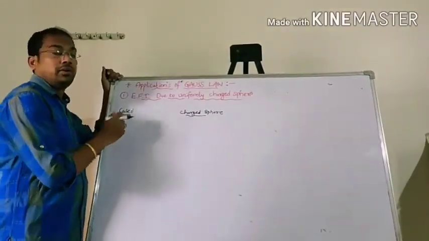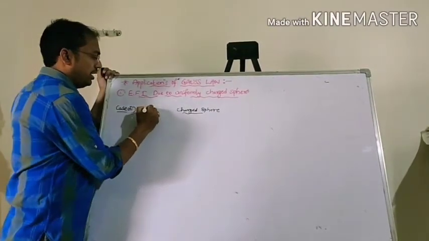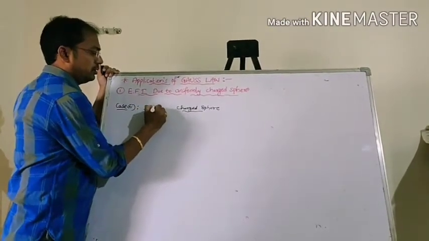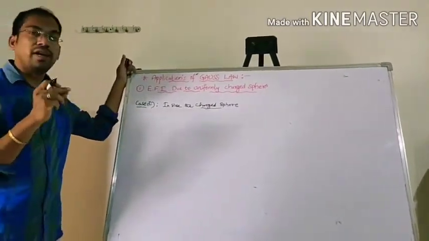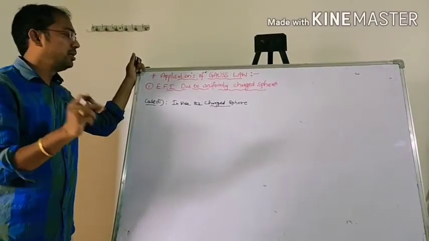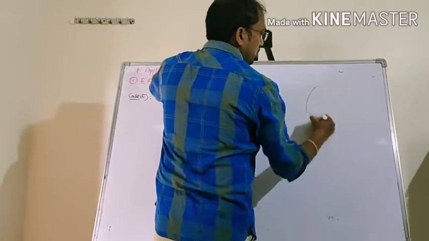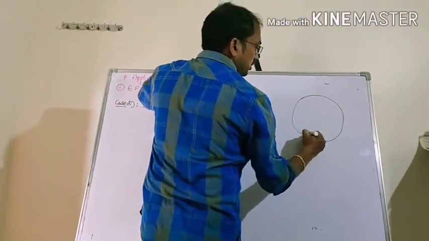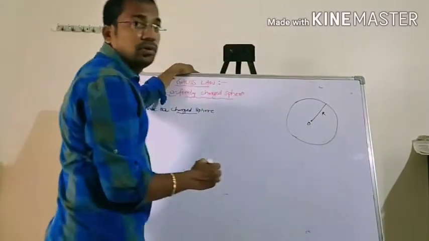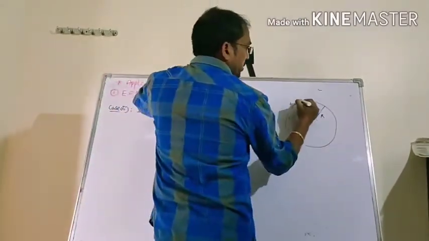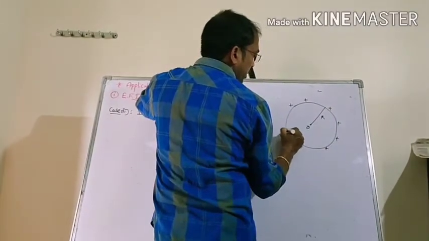Now case 3. What is case 3? Inside the charged sphere. In case 3 we have to find the electric field intensity inside the charged sphere. See the diagram. This is a sphere of center O and radius capital R. This is a uniformly charged sphere, so I am writing charges at the surface of the sphere uniformly.